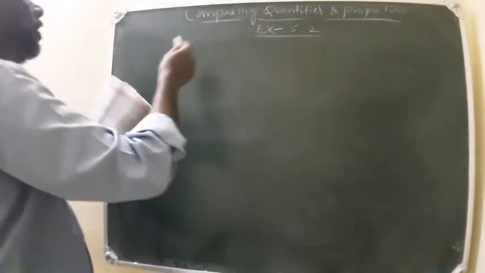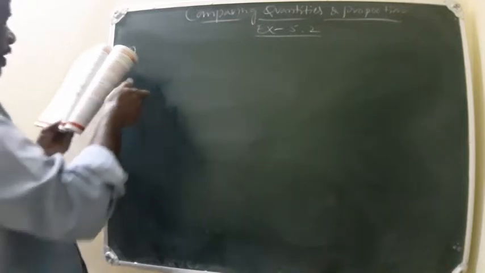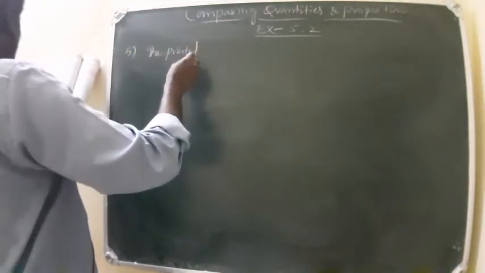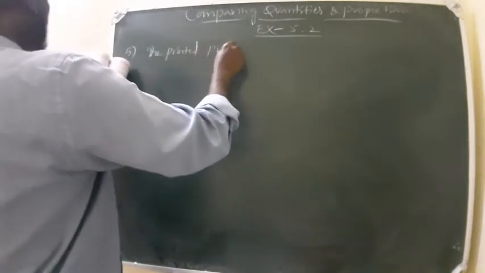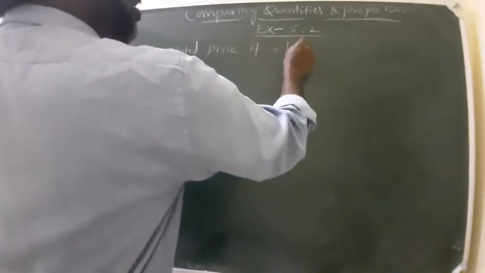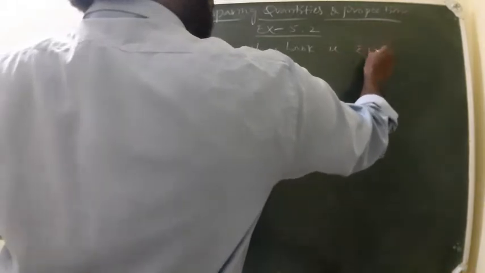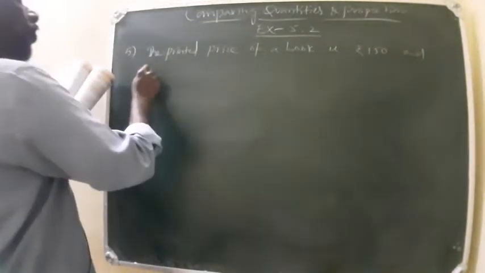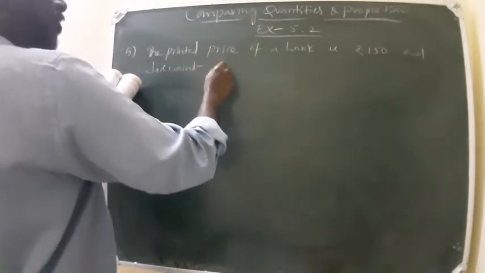Now, fifth sum. The printed price of a book is rupees 150 and discount is 15%.